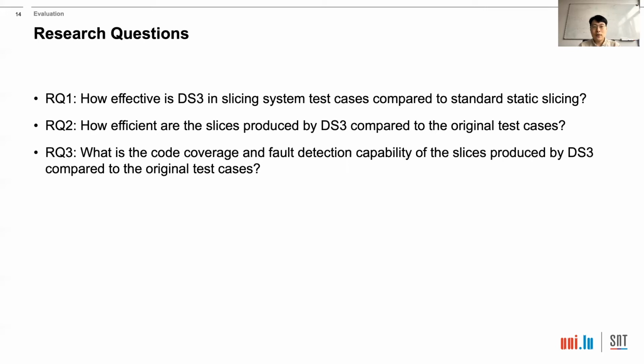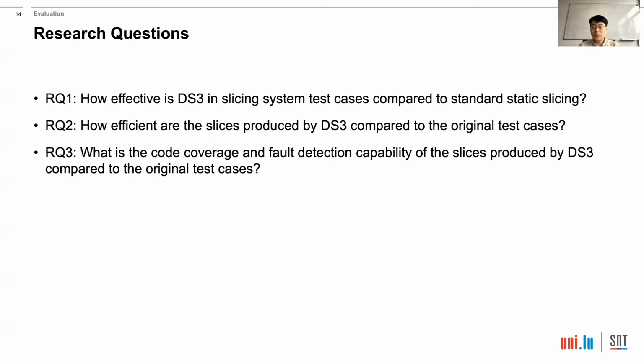If I recap, the research questions can be formalized as follows. RQ1 investigates how effective DS3 is in slicing system test cases into sliced ones that successfully compile and have no runtime errors. This is then compared to the slicing result of using only static slicing without any refinement based on the logs.